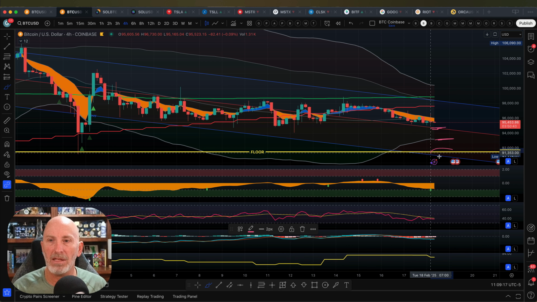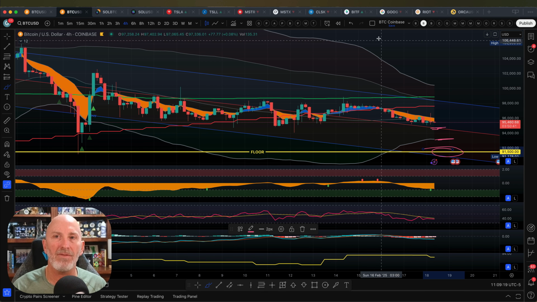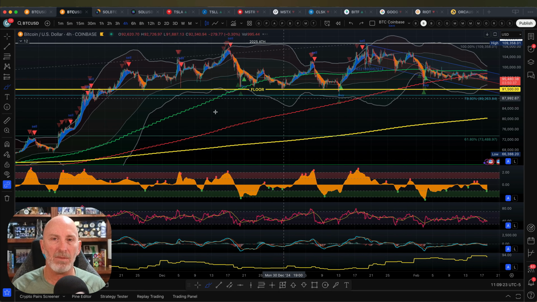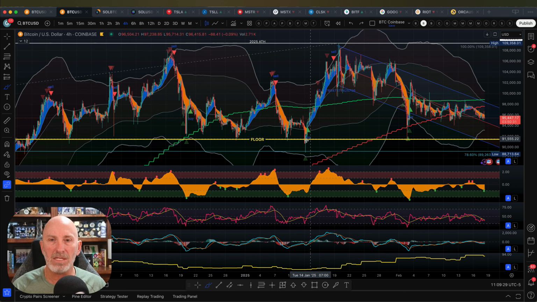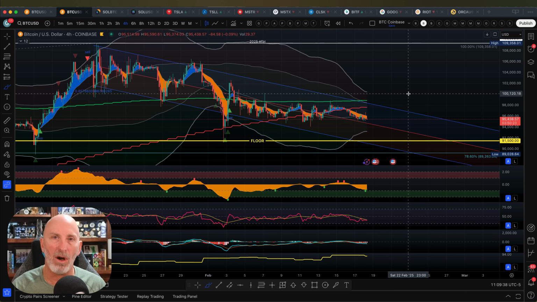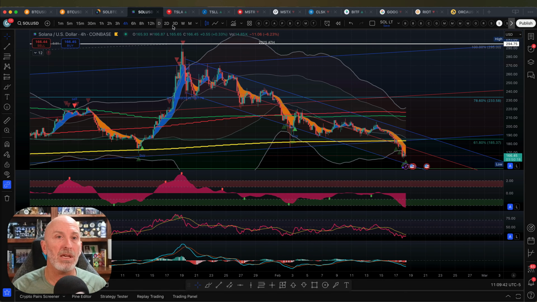And last but not least, we have this 91.5, this floor, as I've been calling it, because it's basically been the floor for us all the way back into mid to late November. Yes, we wicked below it slightly here, but 91.5 for all intents and purposes is the current floor on Bitcoin.